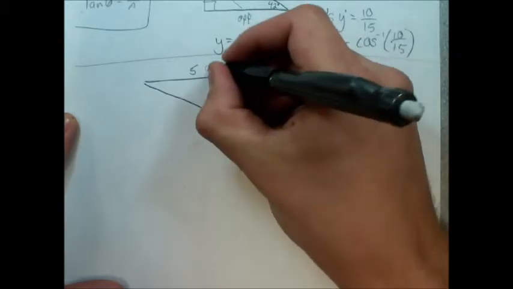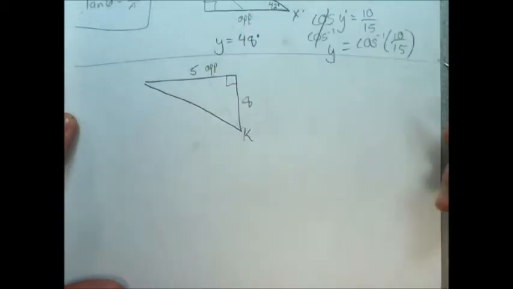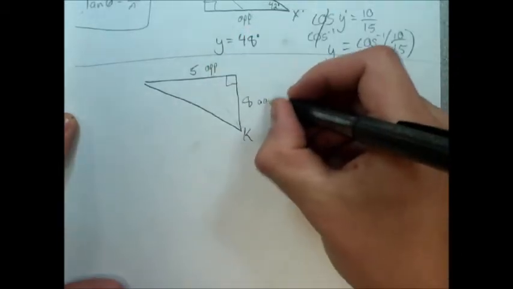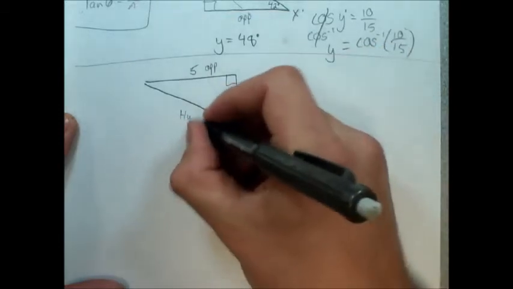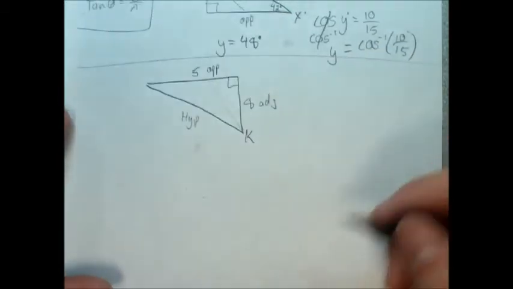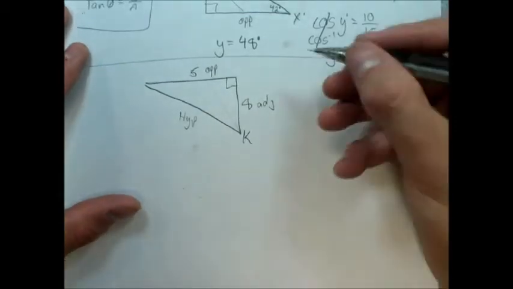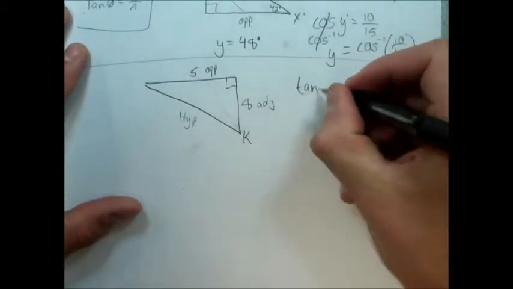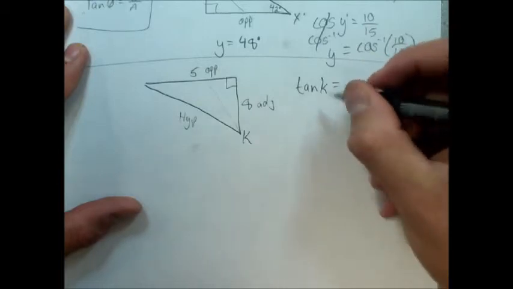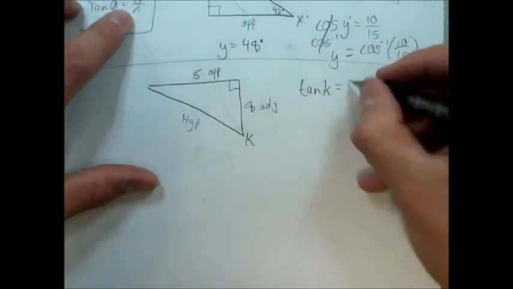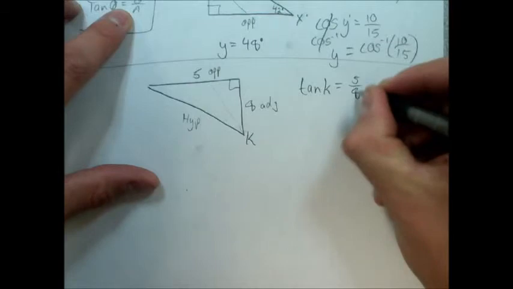It's opposite. Good. And what is 8? Adjacent. Leaving the only other thing there to be the hypotenuse. So, what deals with opposite and adjacent? Tangent. So I have tangent of K is opposite over adjacent, which is 5 over 8.